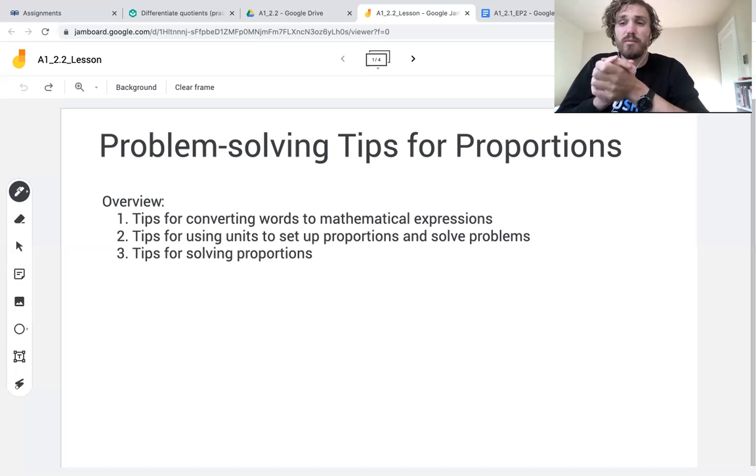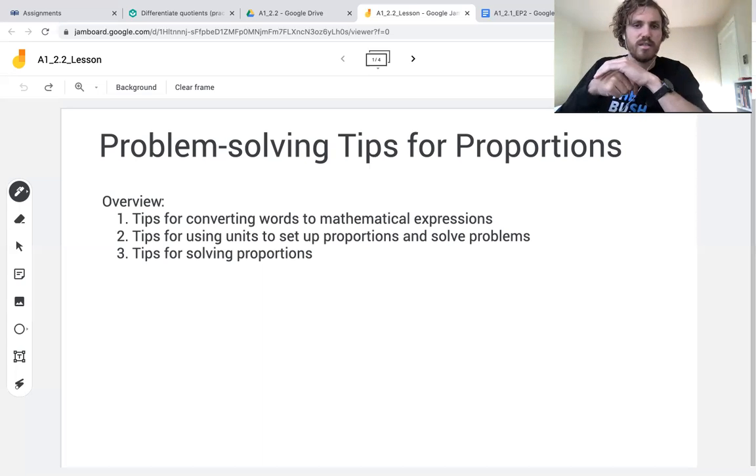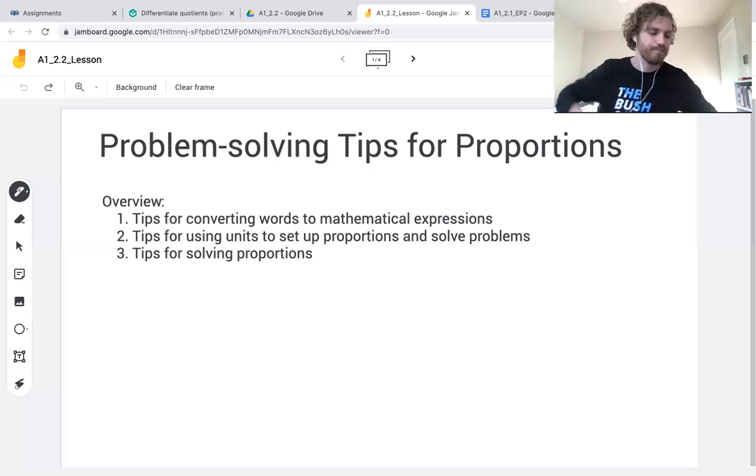Units are really, really valuable for thinking about problem solving, for contextualizing numbers, and really all the applications that we use proportions for in our real life, whether it be adjusting a recipe, or maybe in a science class, like thinking about a chemical reaction.